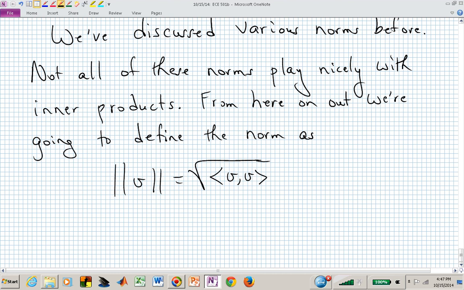That's just how we'll define a norm. So we could have many different norms depending on what the inner product is that we've used or that we're using.